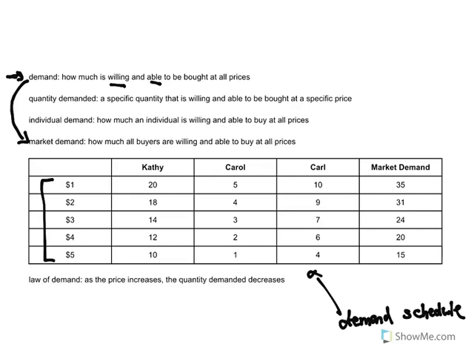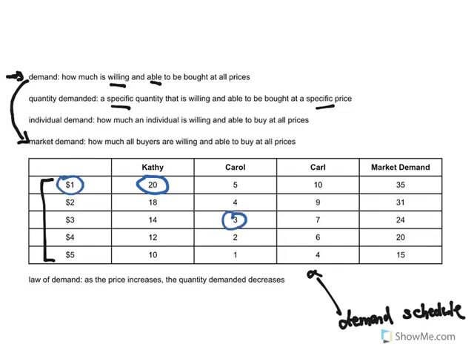So quantity demanded is a specific quantity. Notice that word, specific quantity, that is willing and able to be bought at a specific price. For example here, this 20 would be a quantity demanded because it's a specific quantity, 20, that Kathy is willing and able to buy at a specific price, $1.